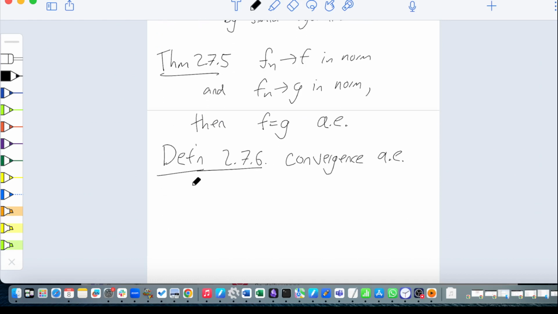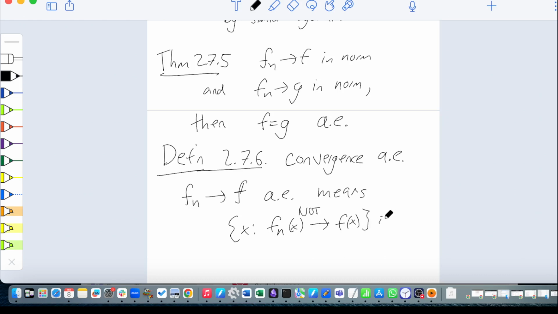And what does it mean? Fn converges to F almost everywhere means the set of X where Fn of X converges to F of X, I guess the set where it doesn't converge, let's write in big letters, is a null set.